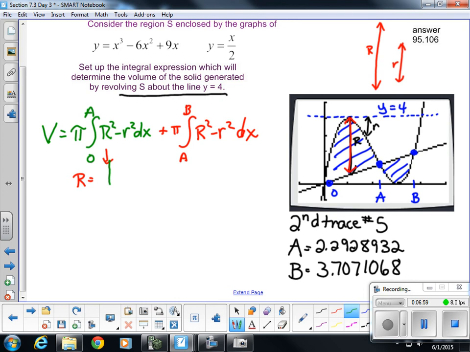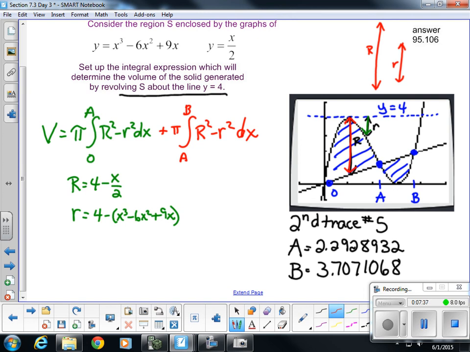This is our green function. So for our little green function, the big R equals 4 minus x over 2. The little r equals the y equals 4 line down to the cubic function, so equals 4 minus x cubed and 6x squared plus 9x. That's your big R and your little r, which you're going to plug into the green part of the equation.